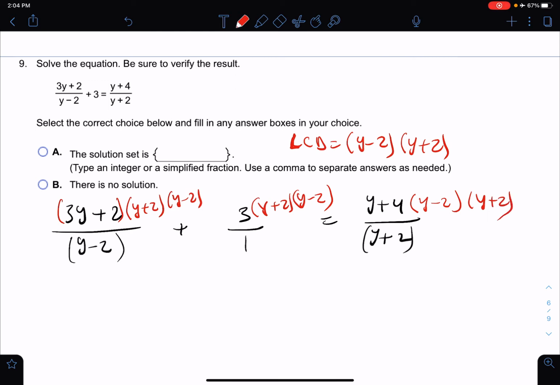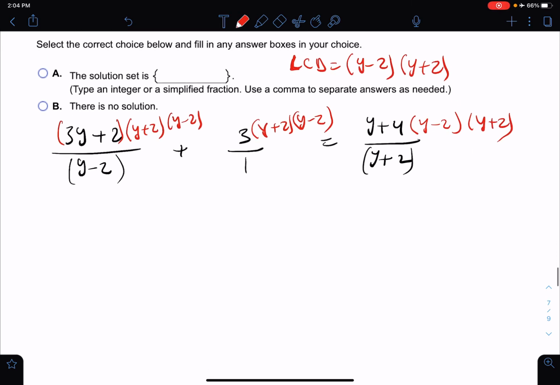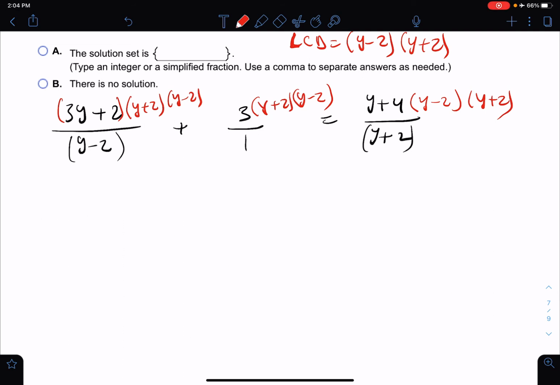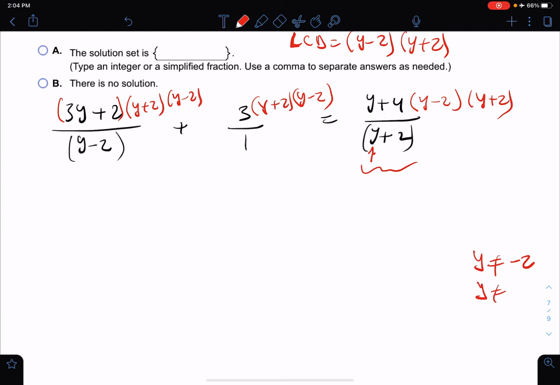And before we forget, what do we not want to forget? Restrictions. Y cannot equal, well, what makes that whole denominator 0? A negative 2 would do it, right? Negative 2 plus 2. And what makes that denominator 0? Oh, a positive 2 would be real trouble. So we go ahead and use those two restrictions.